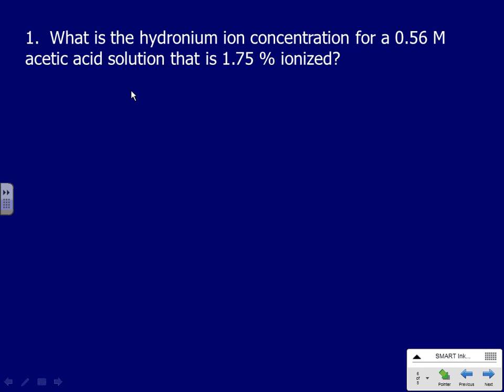I want to just cover a couple of things. Hydronium ion concentration stands for H3O plus. So this is, again, the hydronium ion.